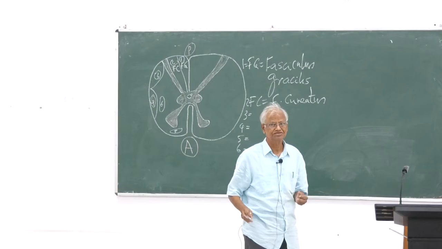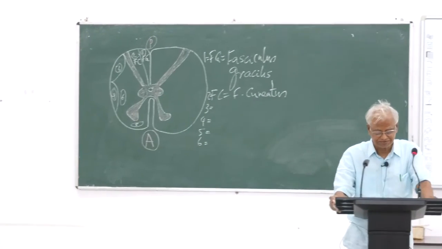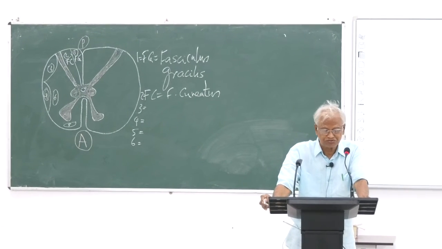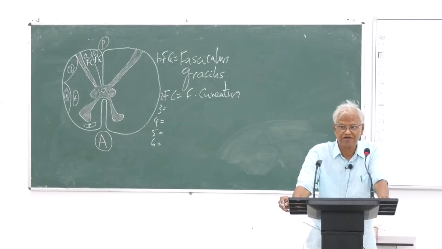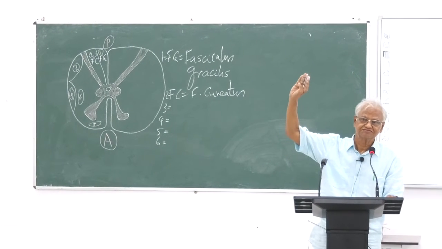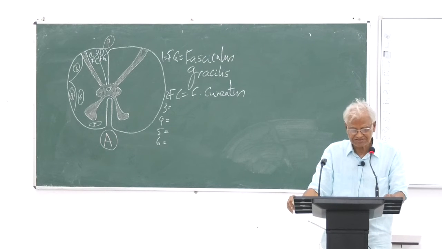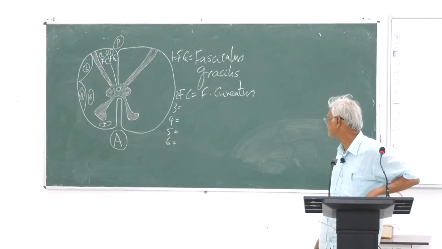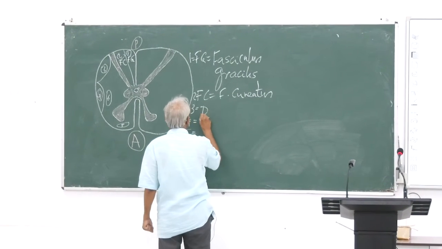If you know these 6 ascending tracts, it is easy. 3 is the dorsal spinocerebellar tract. From the spinal cord, fibers go to the cerebellum. 4 is the ventral spinocerebellar tract.